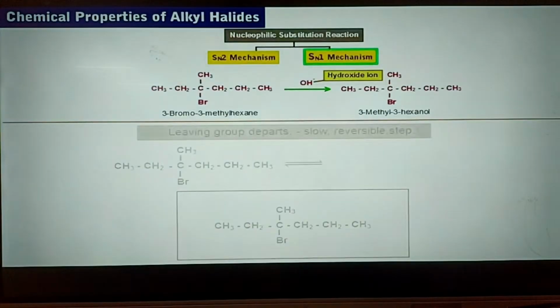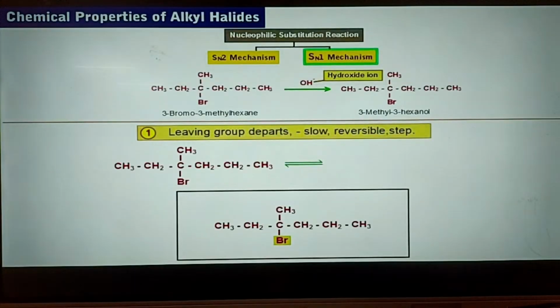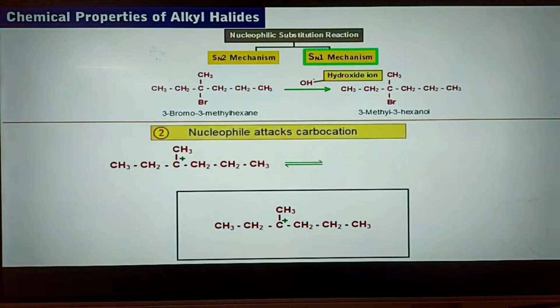In step 1, the leaving group departs, resulting in the formation of the carbocation. This step is slow and reversible. In step 2, the nucleophile attacks the carbocation, forming a covalent bond.